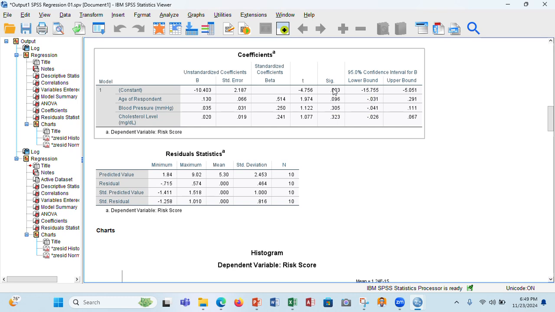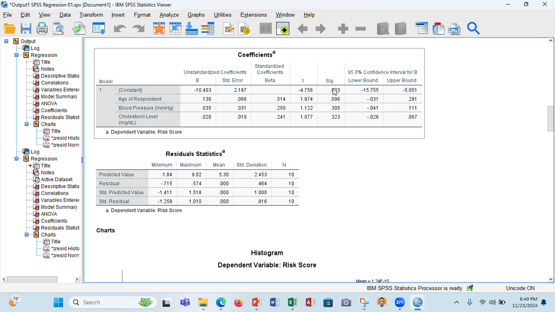Maybe to repeat for you, we have set our alpha value, which is the error, at 5% for us to have 95% confidence. So this alpha value of 5%, in decimals, is 0.05. We call it the alpha value.